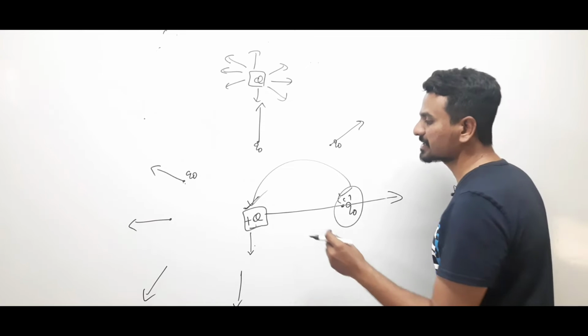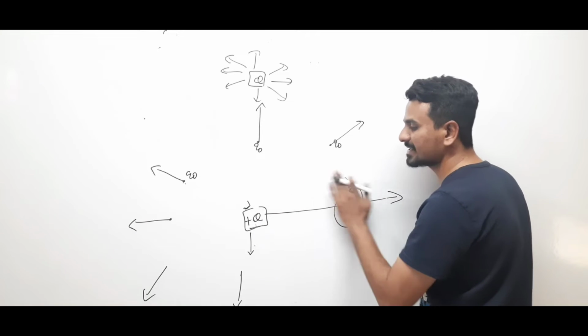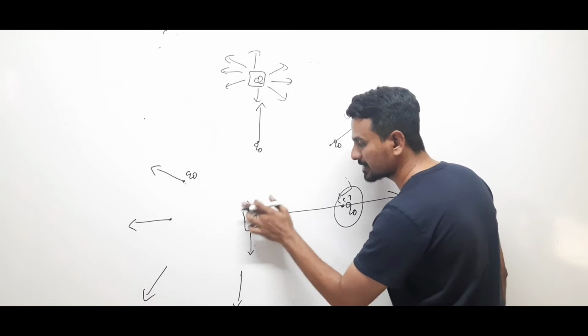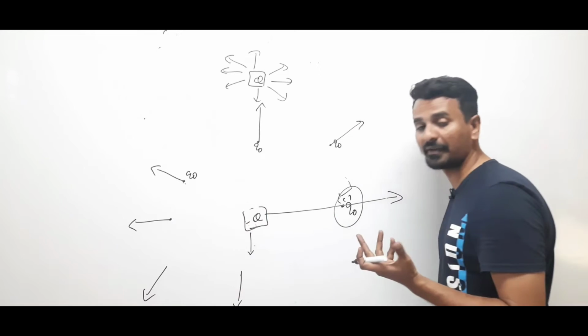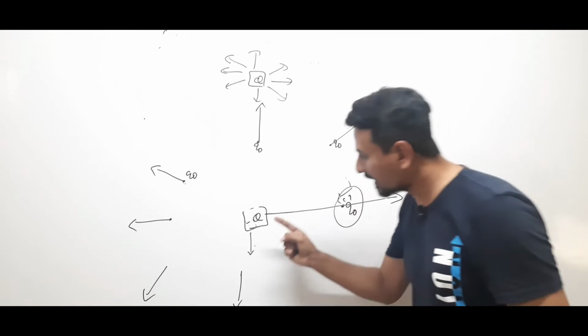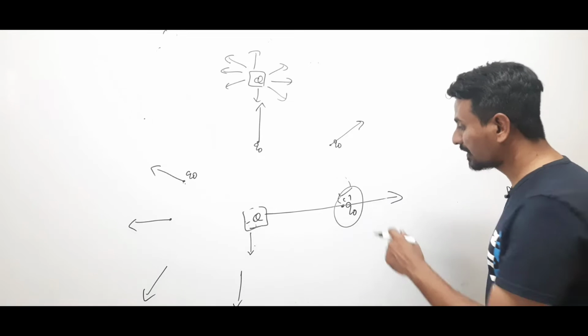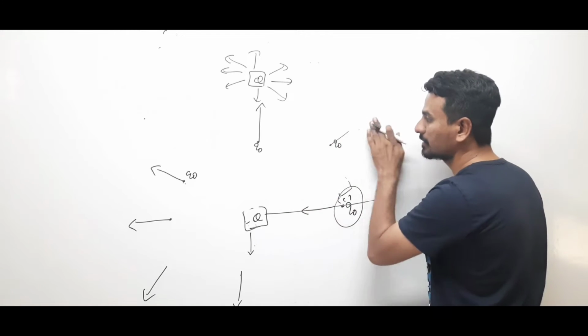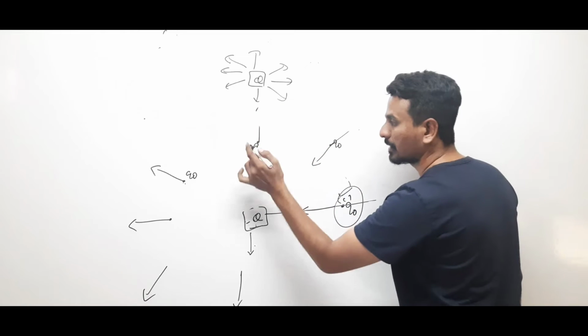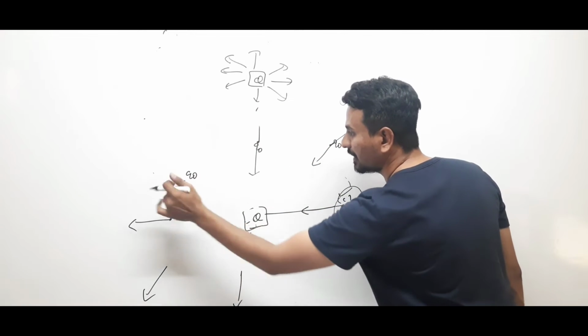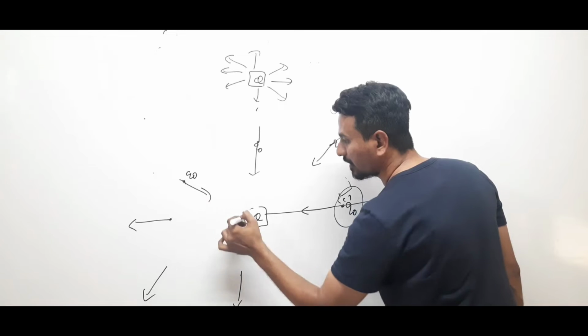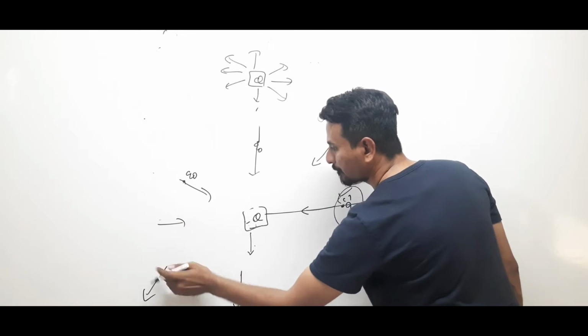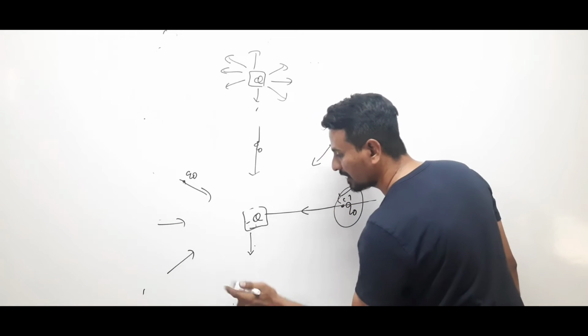Okay. Now what happens if I am taking this charge as negative? Let us take this, because charges can be both positive as well as negative. So what if I am taking this charge as negative? Now Q0 will experience a force in the inward direction, this direction, because Q0 will be attracted towards this charge Q. Clear? This way.